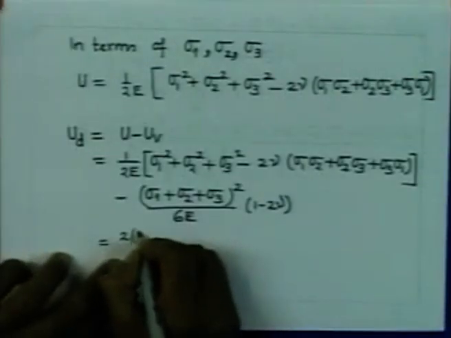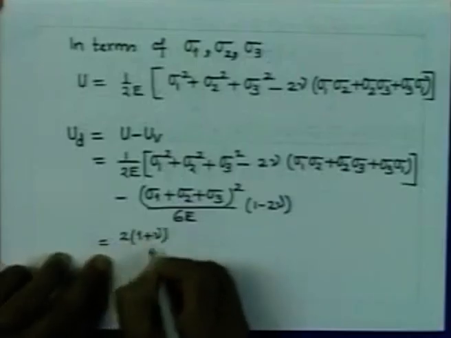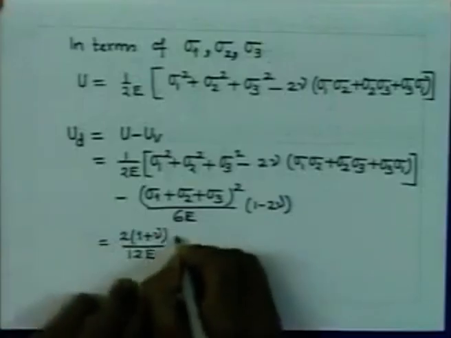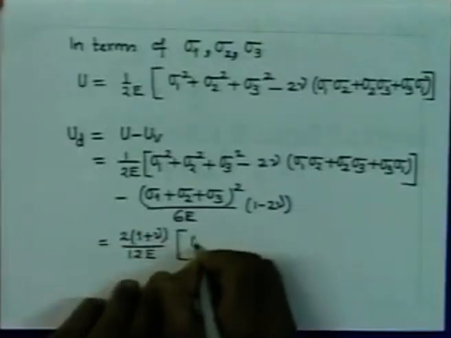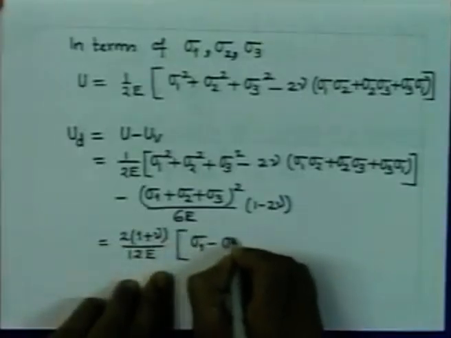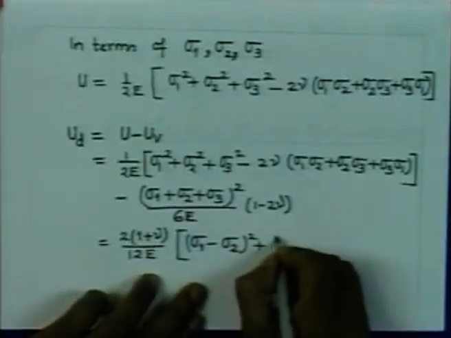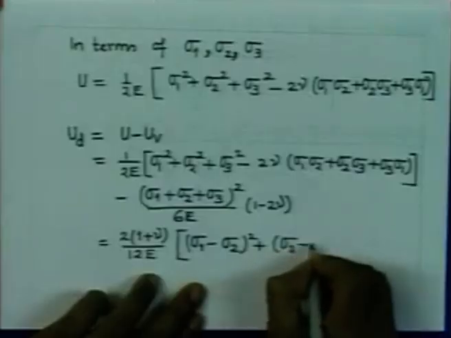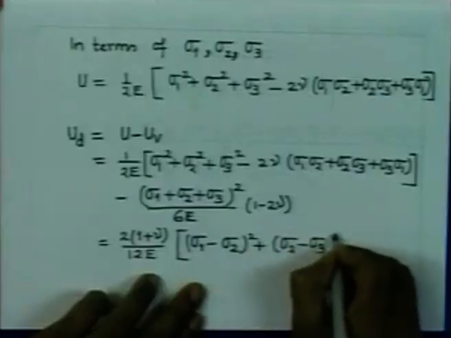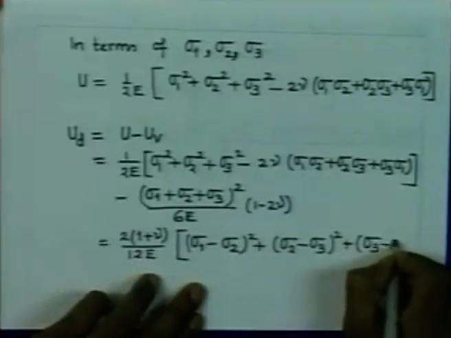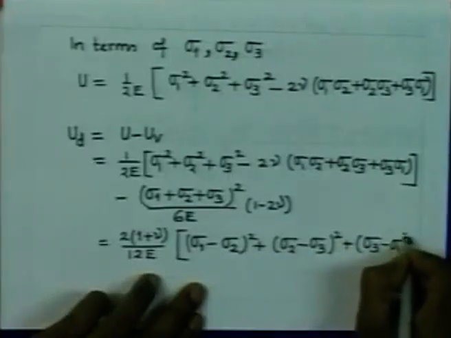2 into (1 plus nu) by 12E into [(sigma 1 minus sigma 2) whole square plus (sigma 2 minus sigma 3) whole square plus (sigma 3 minus sigma 1) whole square].